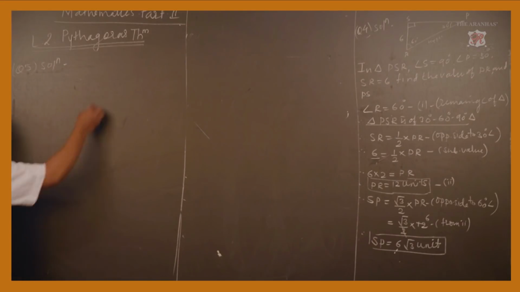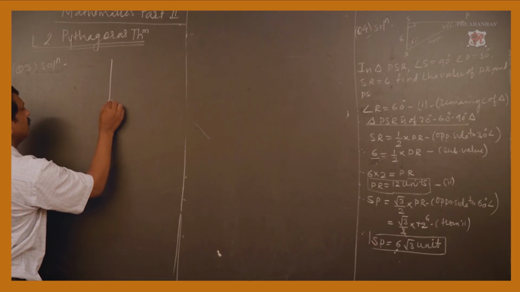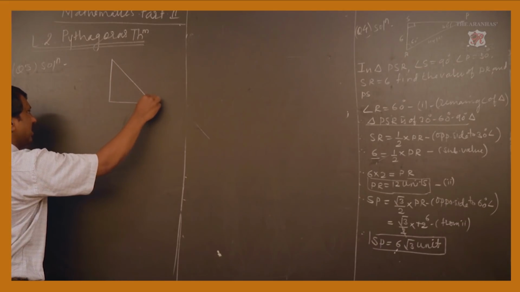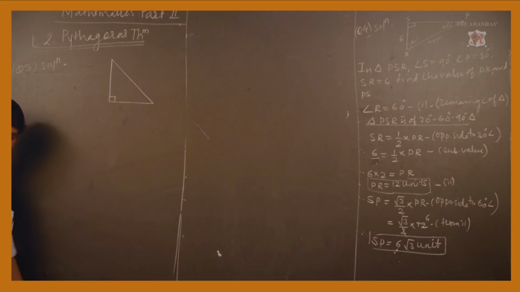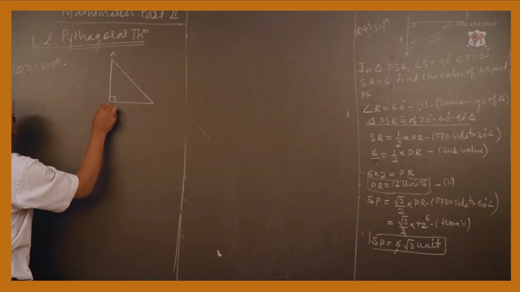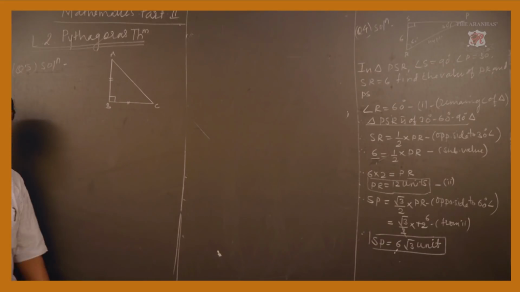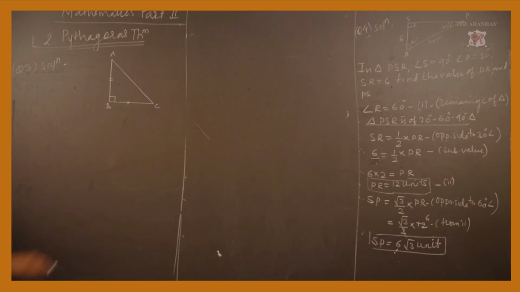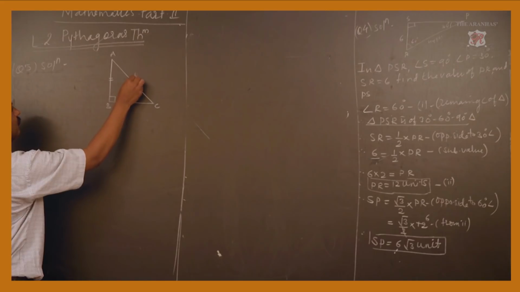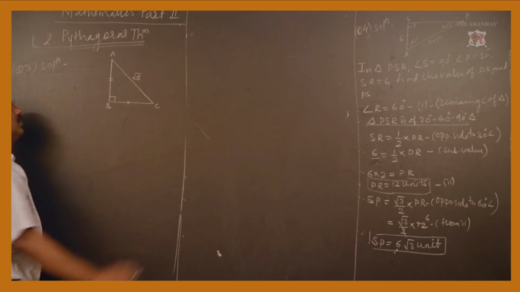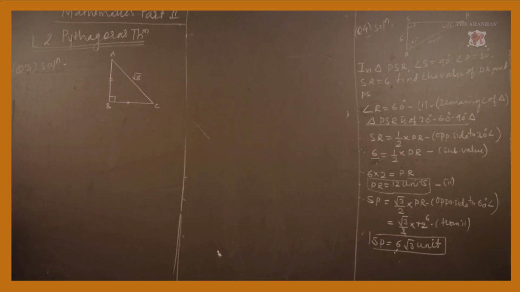Again here they gave us a right angle triangle, but in this right angle triangle the observation has to be perfect. They gave us triangle ABC is a right angle triangle, segment AB and segment BC are congruent, and the length of AC is given as under root 8, and after that the activity is given.